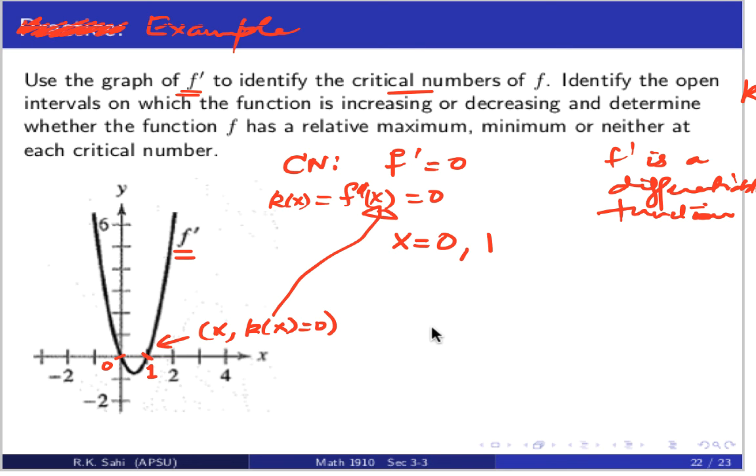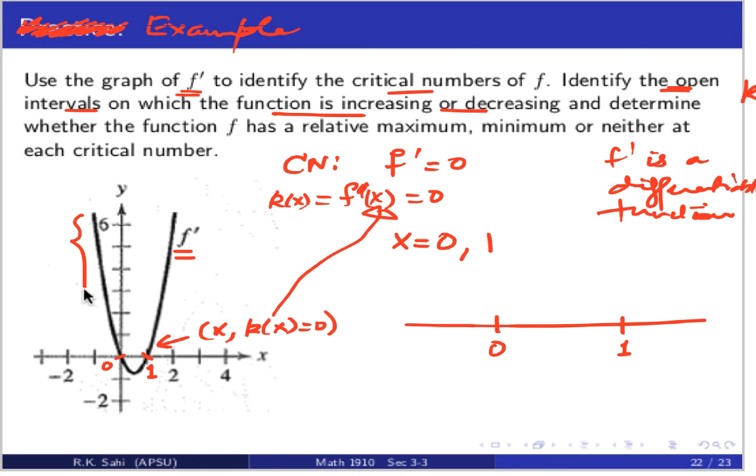Okay, now let's draw our little number line. Remember, I always draw a number line because I'm more visual. A 0 and a 1. The next part of the question is to identify the open intervals where the function is increasing and decreasing. What we learned is that when the function is increasing, the derivative is positive.